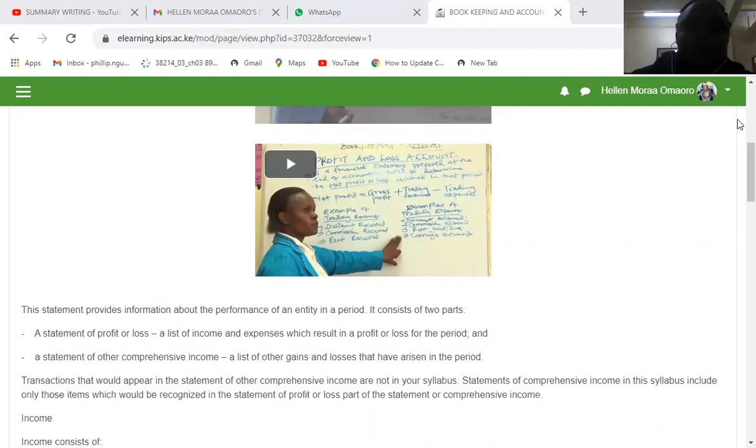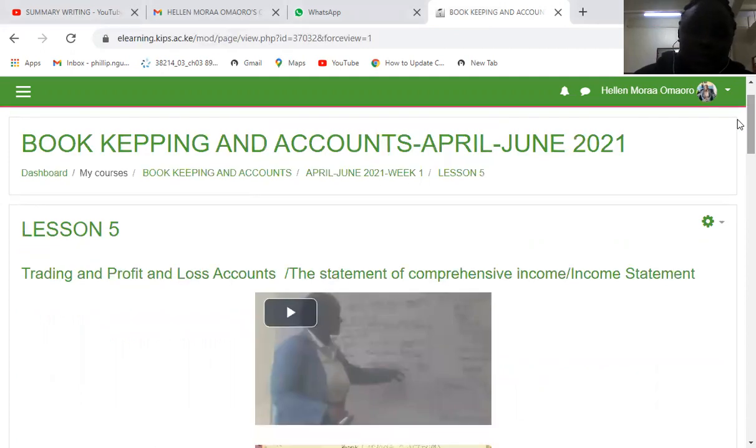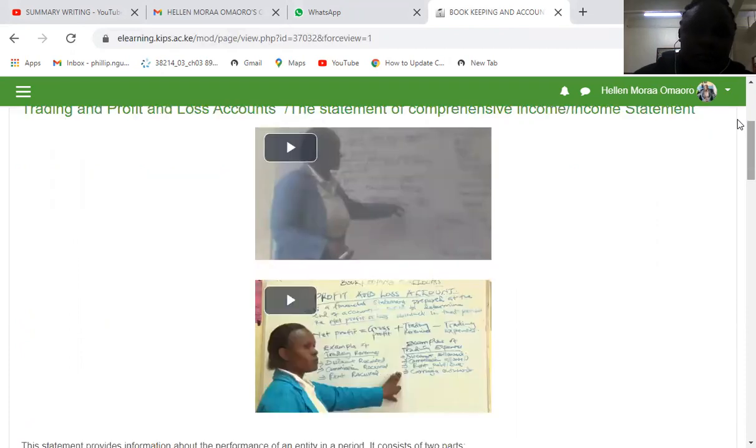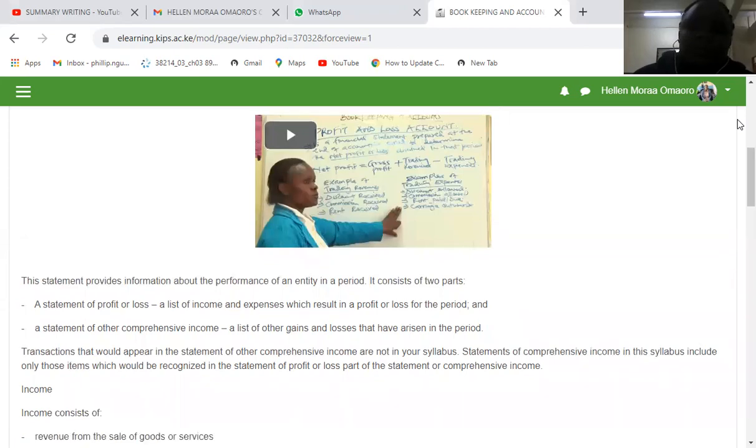Opening stock, then you add net purchases, less closing stock. That's how we get the cost of sales.